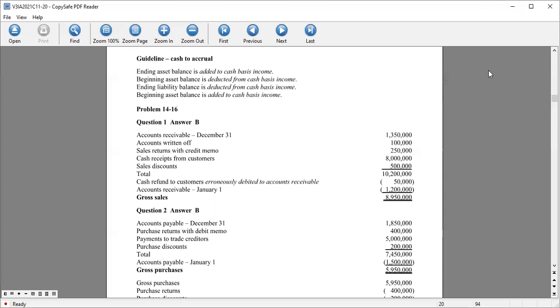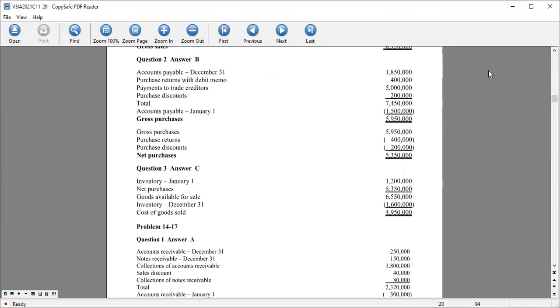So in other words, in number 16, we have two questions. Question number 1 is the amount that should be reported as gross sales. So in question number 1, the answer is B, or 8.950. Whereas in number 2, the answer is B of 5,950,000 for the gross purchases.